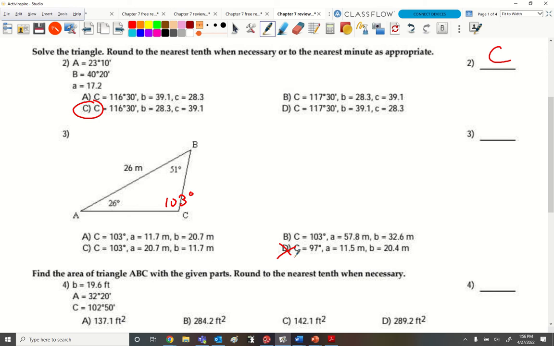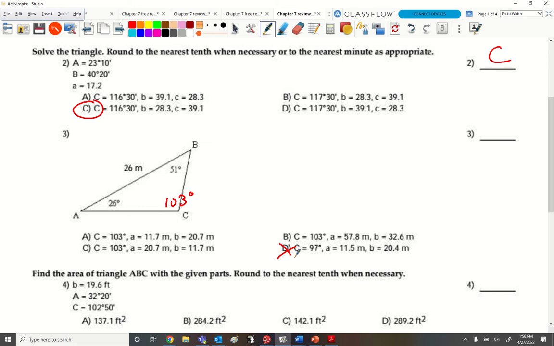So let's say, for instance, I'm lazy. You check for the longest side. Longest side, longest angle, right? So we know it ain't B, because big C is the biggest angle. That means that 26 has to be the largest side. So what can I get rid of automatically?